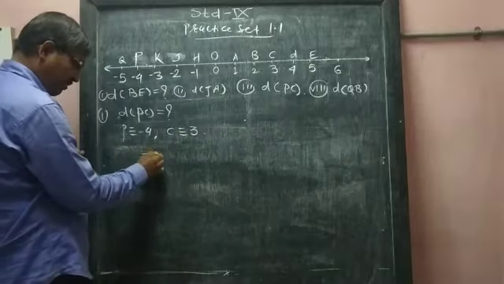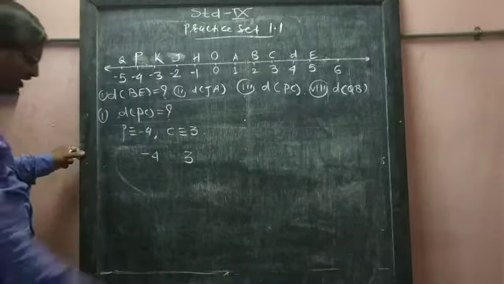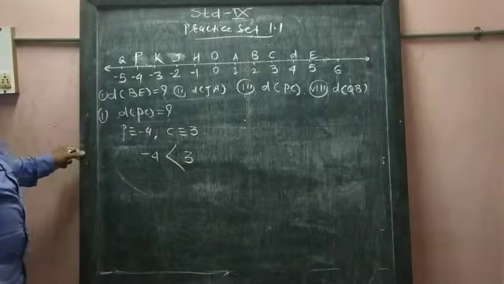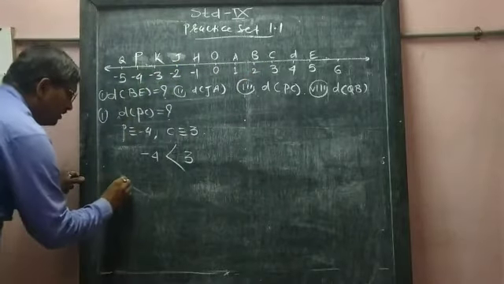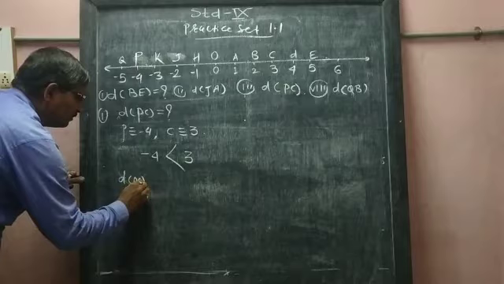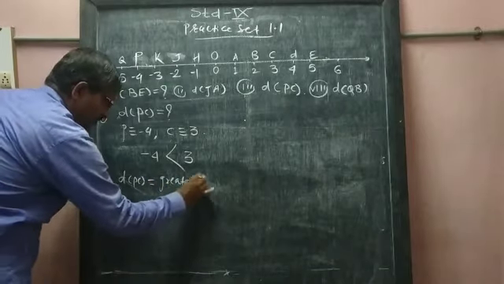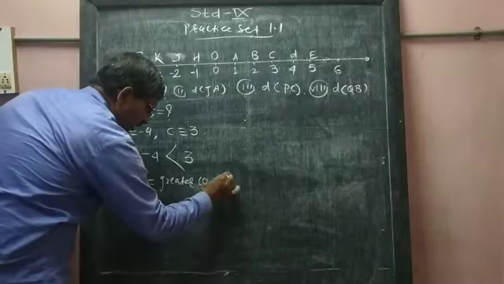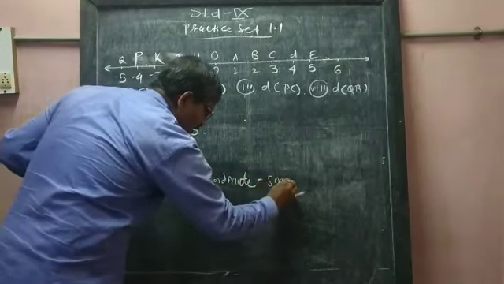Then who is greater, minus 4 or 3? Simple thing, positive numbers are always greater. Therefore, 3 is greater, or right hand side is greater than left hand side. Therefore, distance of PC is equal to greater coordinate minus smaller coordinate.